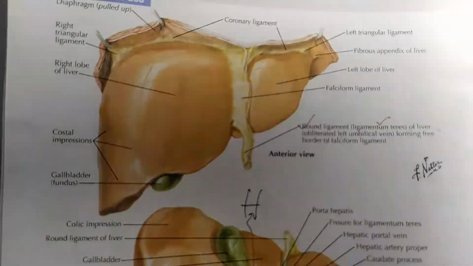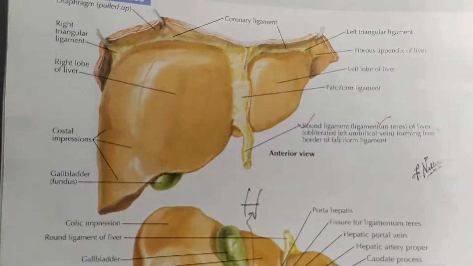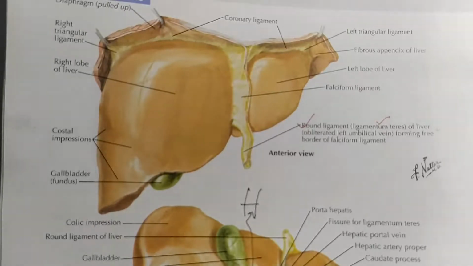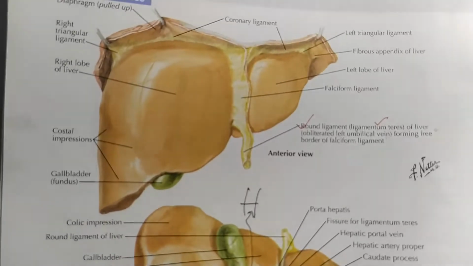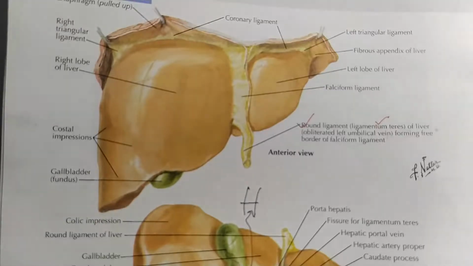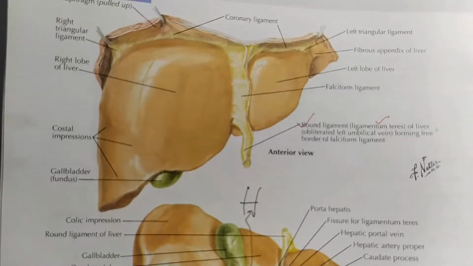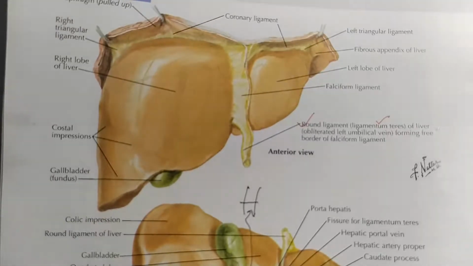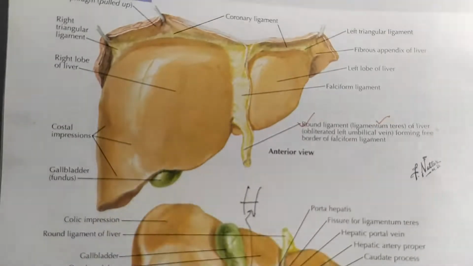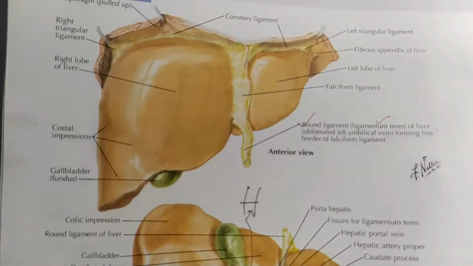There are many other ligaments also present in the liver, like the triangular ligament, the bare area, which is surrounded by the coronary ligament, and also the ligamentum venosum. These are the accessory supports of the liver. The liver is a heavy organ, but how is it held in the upper abdomen?